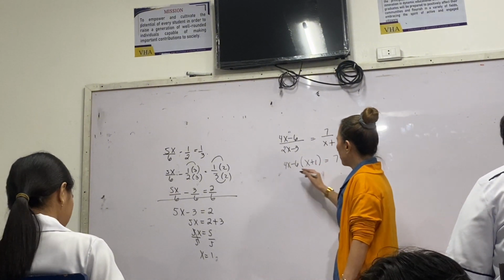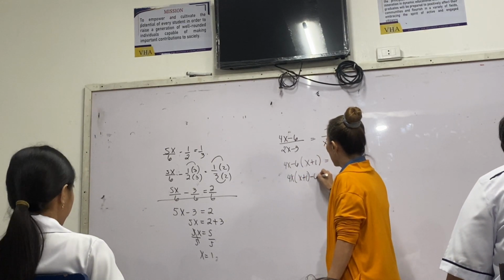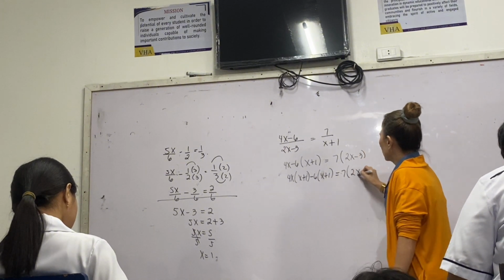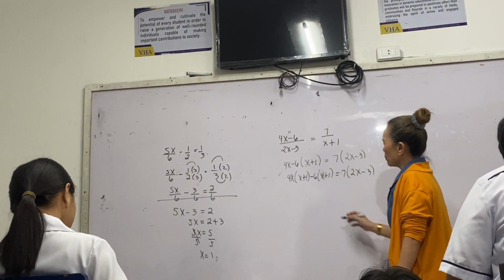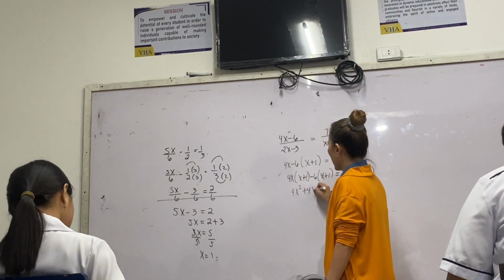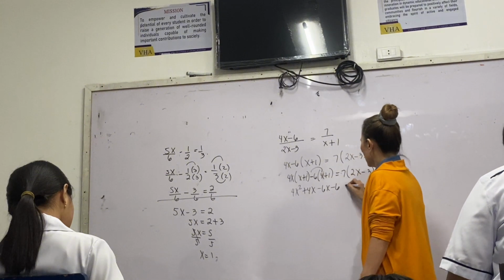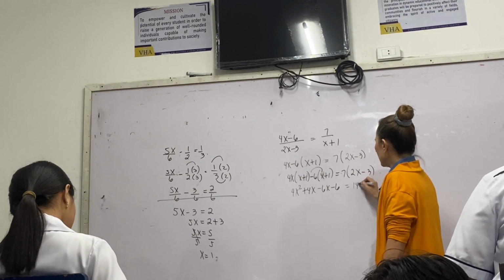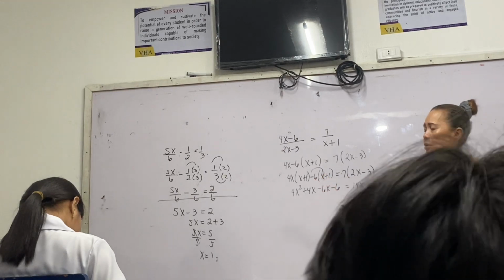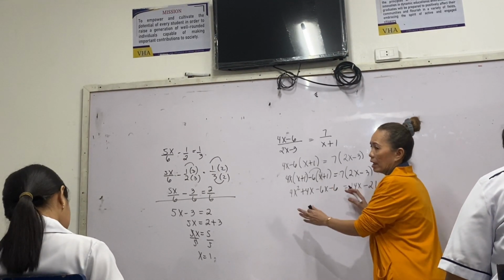So now we multiply 4x times x plus 1 minus 6 times x plus 1 is equal to 7 times 2x minus 3. So we have here 4x squared plus 4x minus 6x minus 6 is equal to 14x minus 21. Equate into 0. So ibig sabihin lahat daw ng nasa right ilalagay sa left.